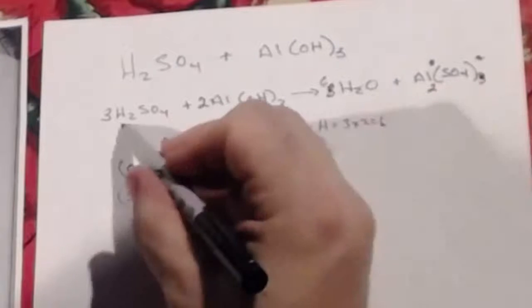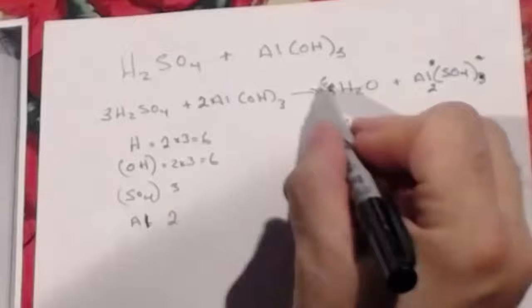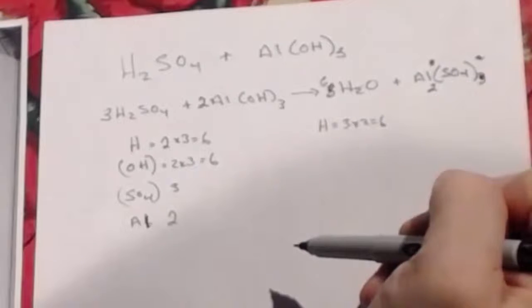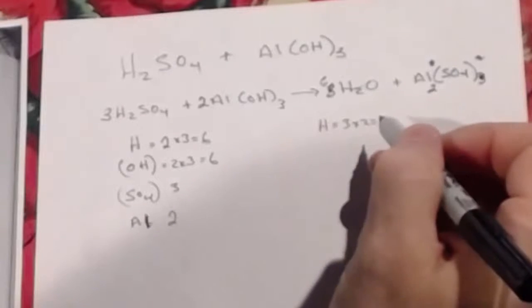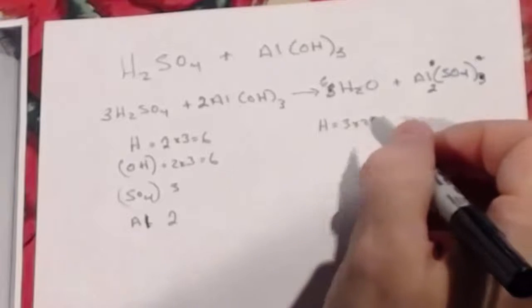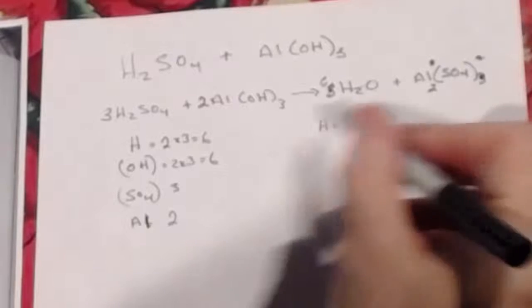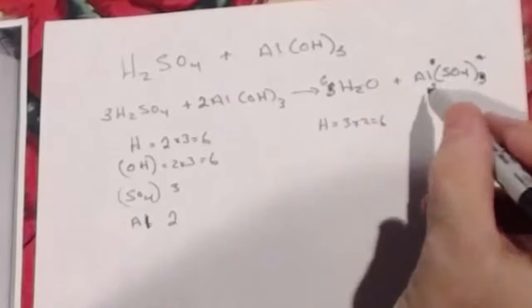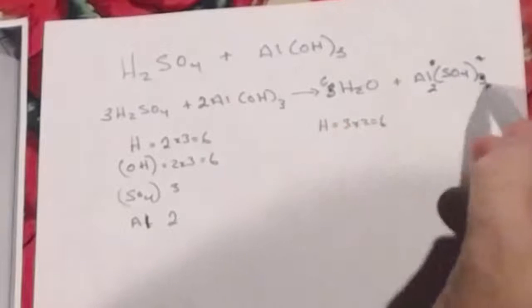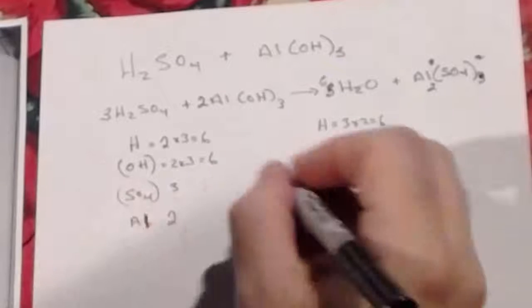We have 6 hydrogens and we have 6 OHs to make 6 waters. So now with the 6 H2Os, we get 6 hydrogens and 6 oxygens. That matches this, matches that. Aluminum has 2, which checks. Sulfate has 3, checks, and that's our balanced equation.